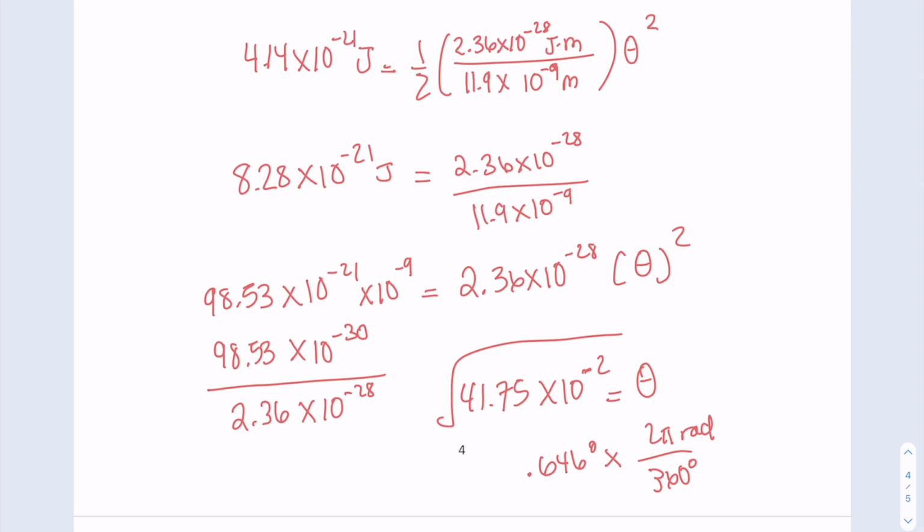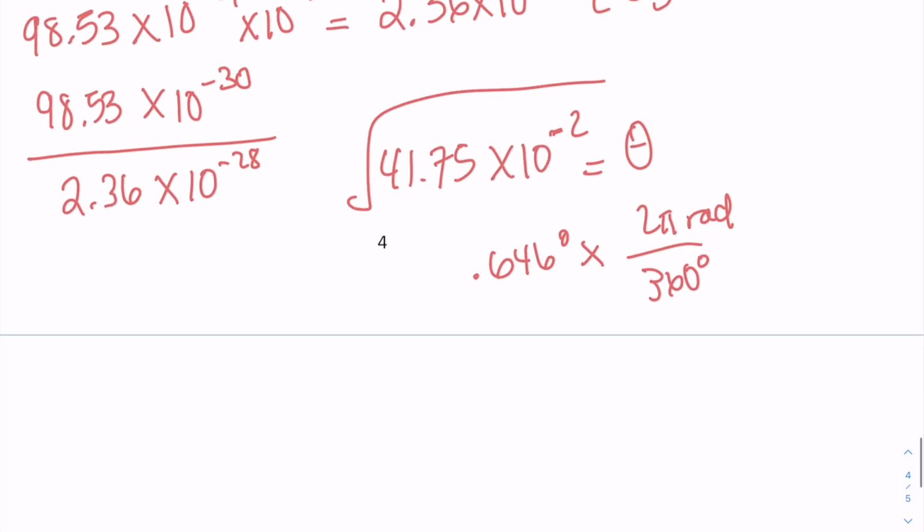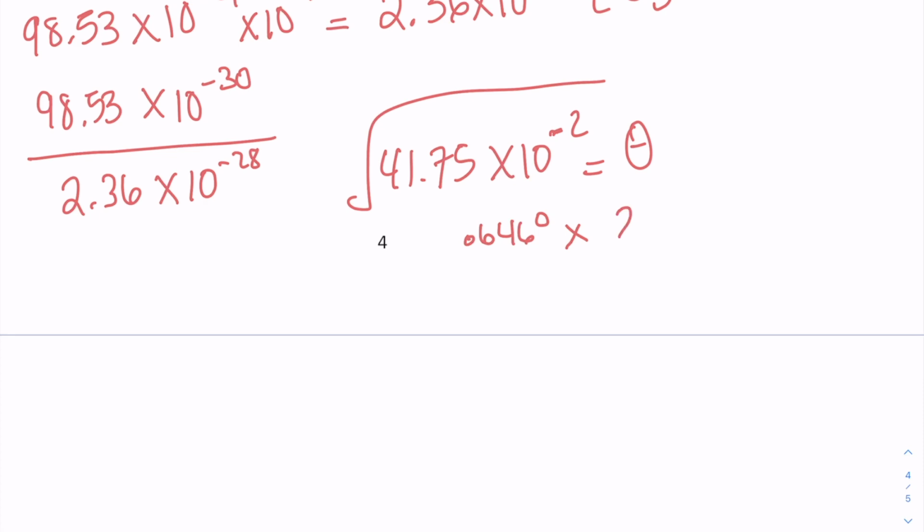Okay, hold up. So Eric just said that he multiplied 0.646 by 360 and then divided by 2 pi. And yeah, I mean, in this case, if I'm getting 0.646 degrees, well, then there are 2 pi radians in 360 degrees.